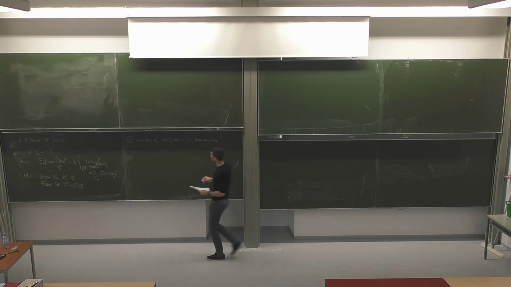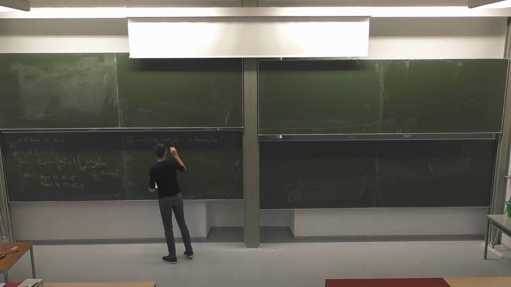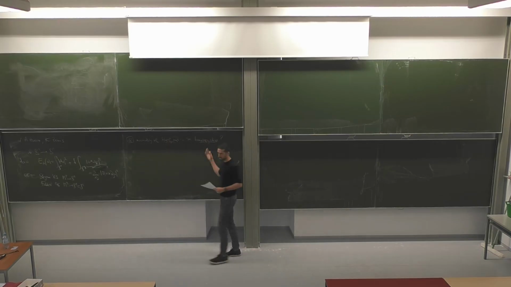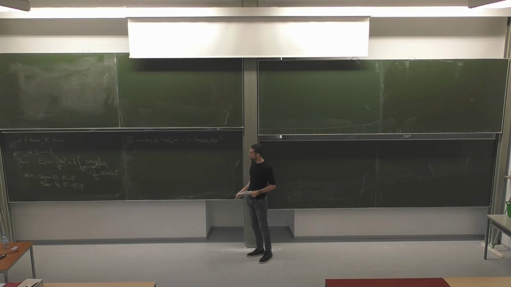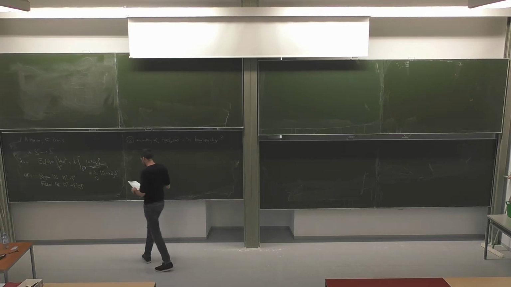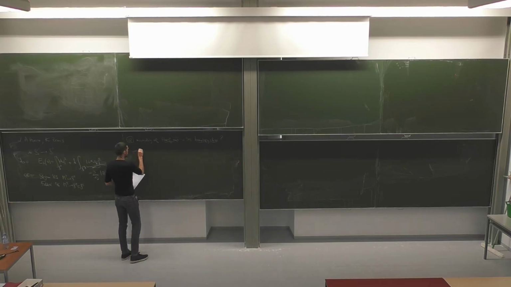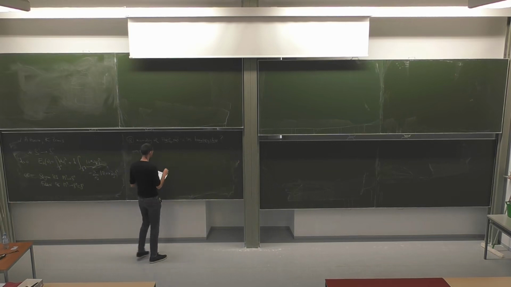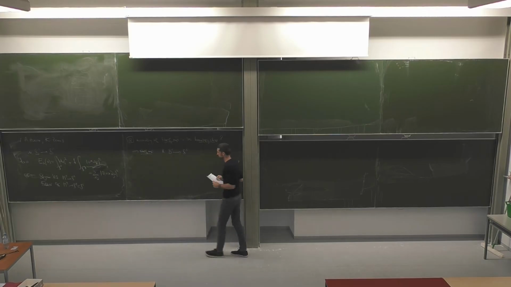So let me recall what the Hopf map is and how you can classify homotopy classes for maps from S3 to S2. Let's start with this Hopf map. Let me call it H. It goes from S3 to S2.